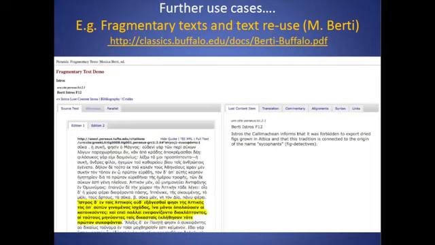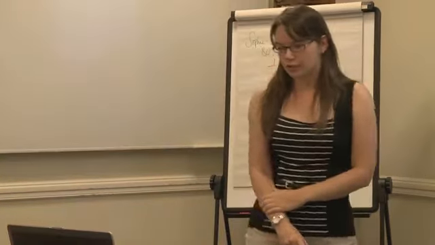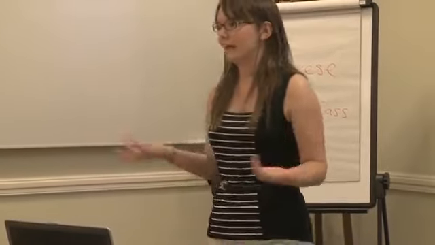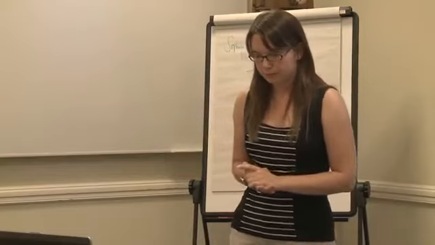So here we can use it to align the translation with the fragment, etc. So I encourage you, if you're interested in this particular use case, to look at Monica's slides from a conference in Buffalo that she gave recently. It's a very interesting and innovative project. So that's just one example of something else that you could do with Perseids, and that is being done actually.